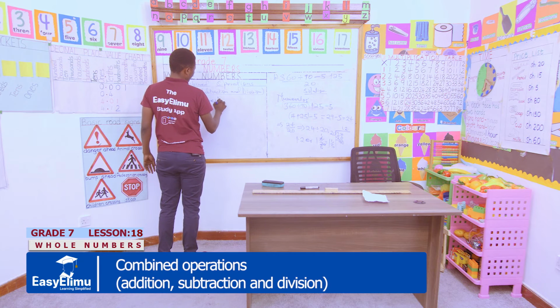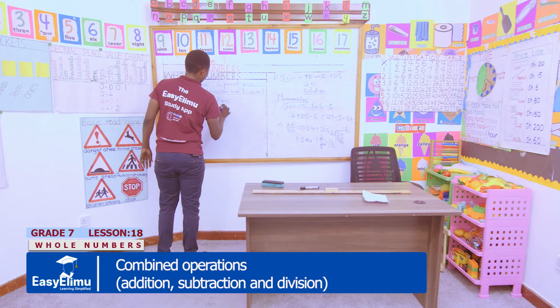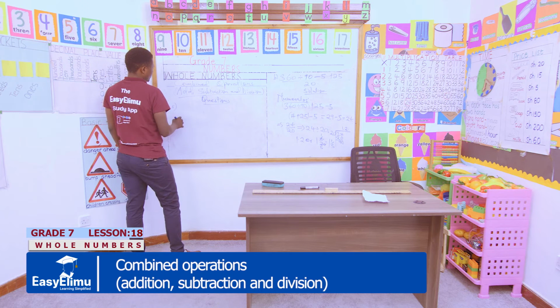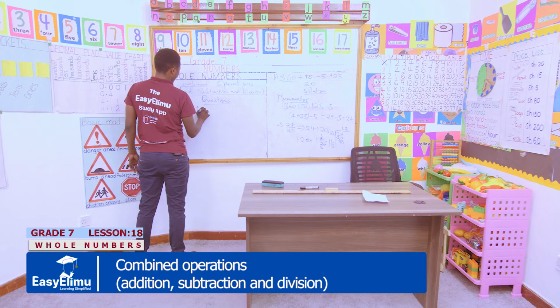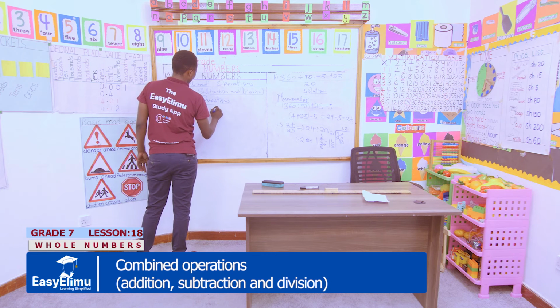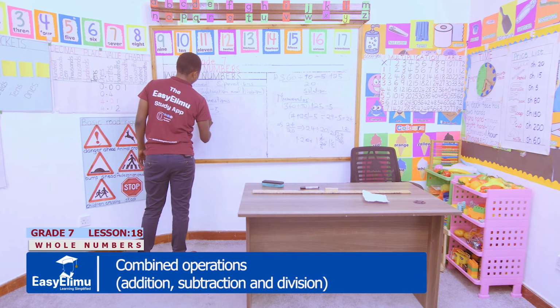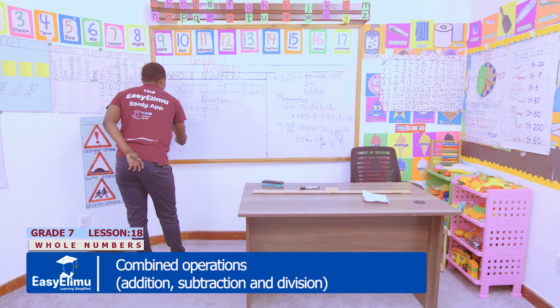Questions. Ensure you solve them. So you can have 136 plus 18 minus 5 over 18 minus 2.